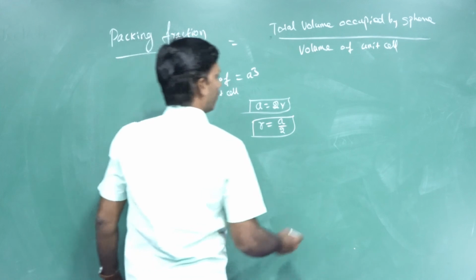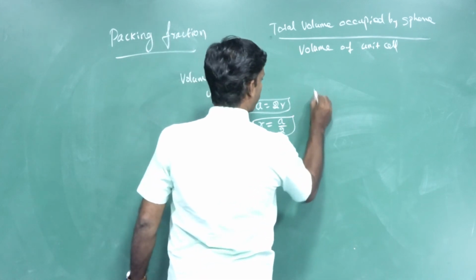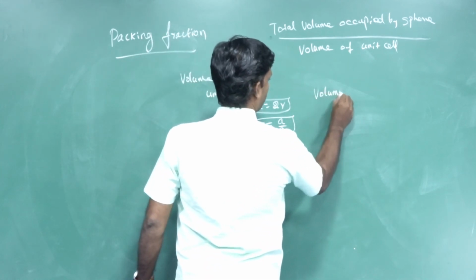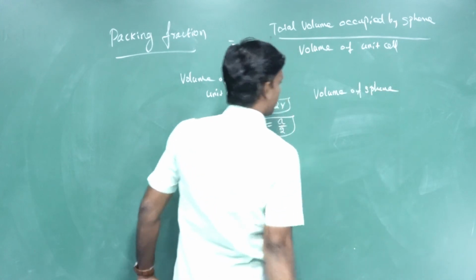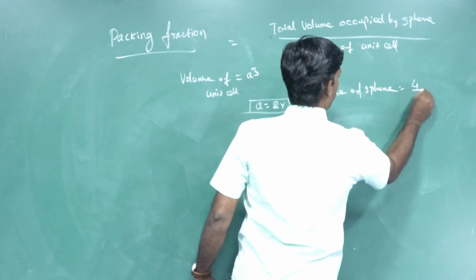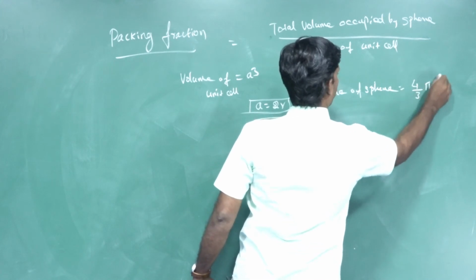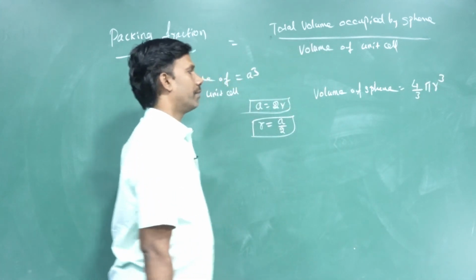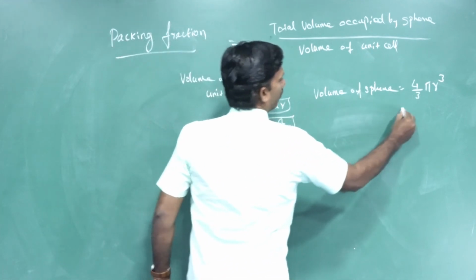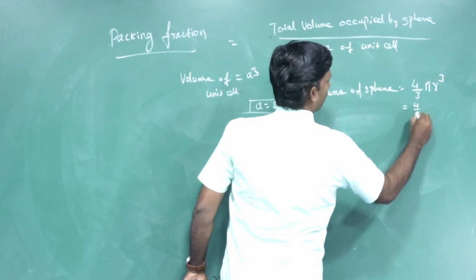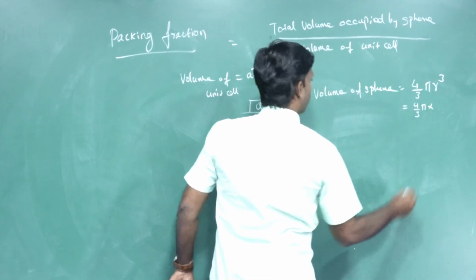Then what is the volume of the sphere? Volume of the sphere is nothing but 4 by 3 π r cube. You substitute the r value here, r equal to a by 2.